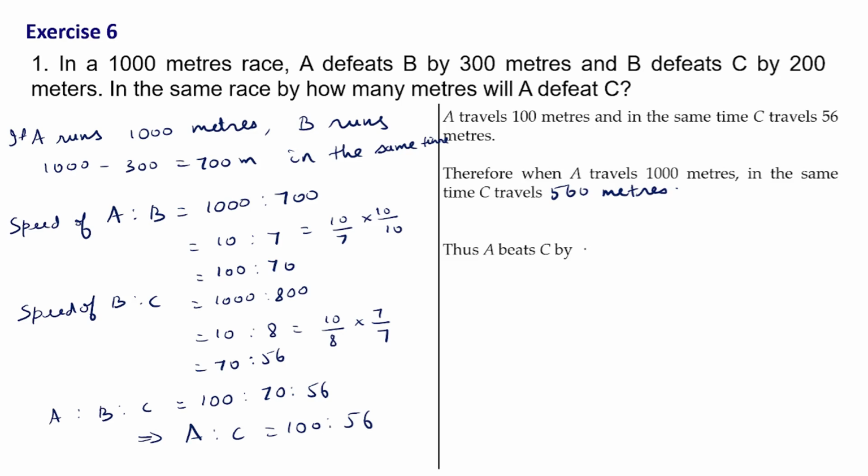Thus, A beats C by 1000 minus 560, which is equal to 440 meters. So this is the answer. A will defeat C by 440 meters.